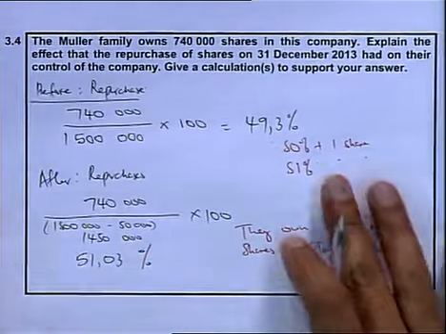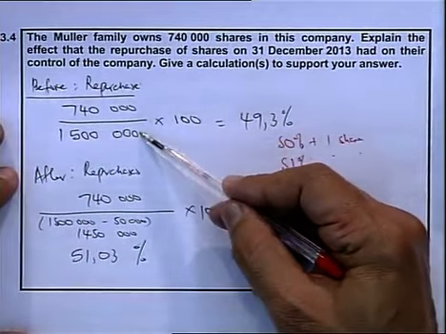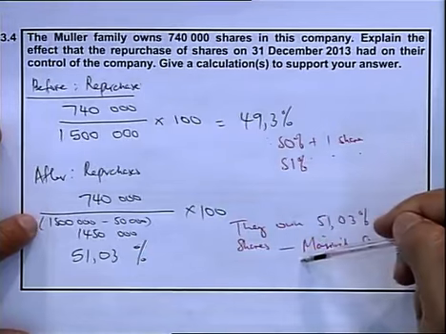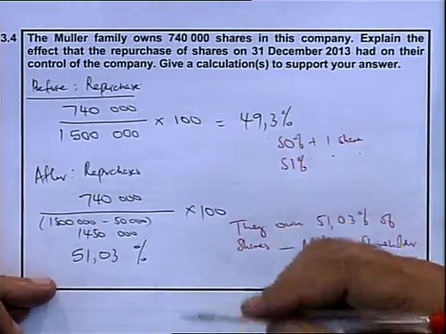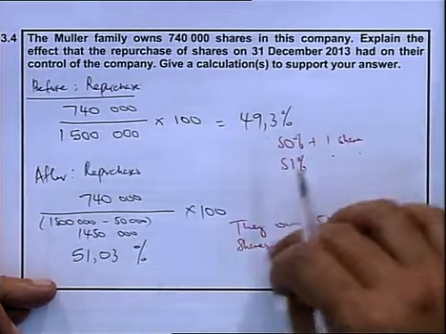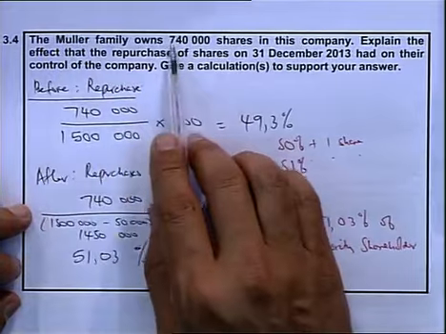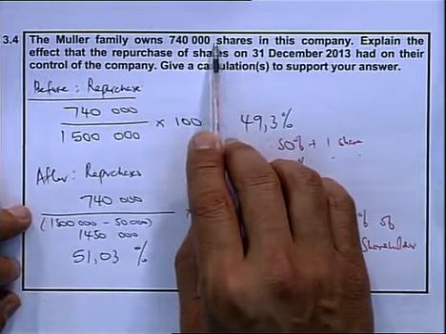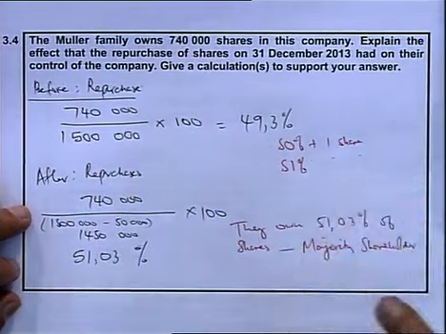Right? Also very important for you to understand how the buyback has an effect on the control of the company, because if they're deciding to buy back, we are decreasing the number of shares that we have in circulation. So now this family, in this case it was the Muller family, because they're owning 740,000 shares, we are not buying back their shares. They want to keep their shares.